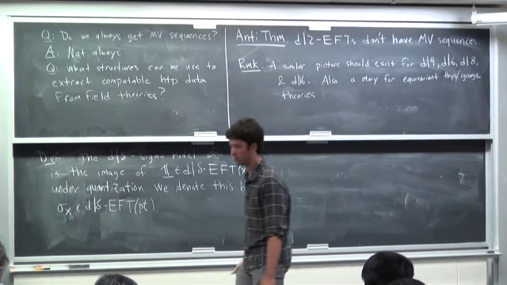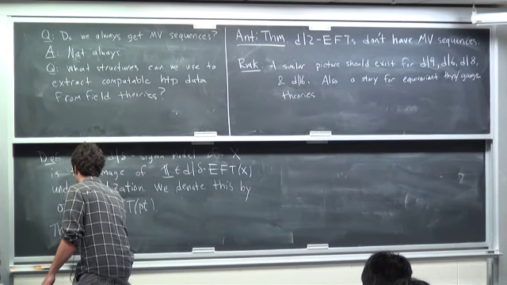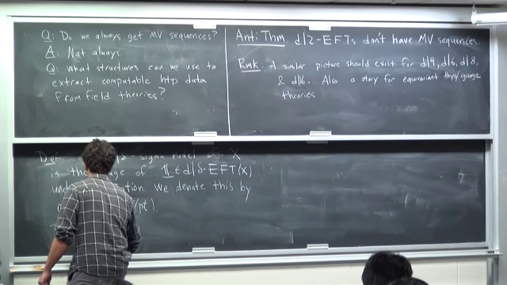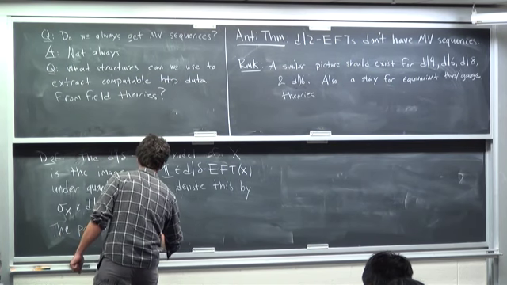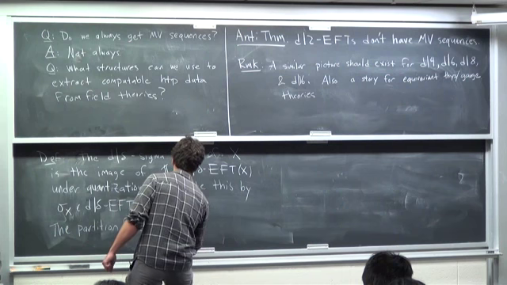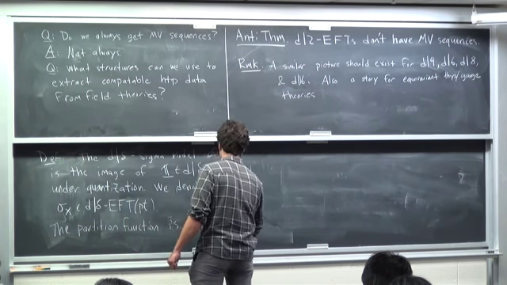Okay, so then I can take what's called the partition function of this thing. It's usually denoted Z sub X or something like that.